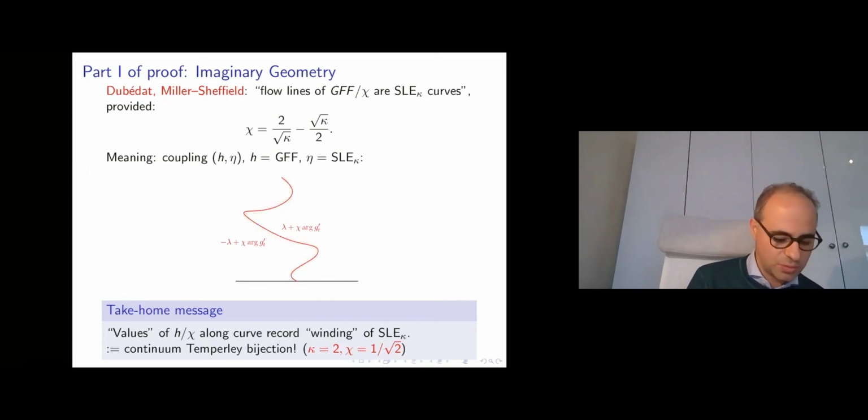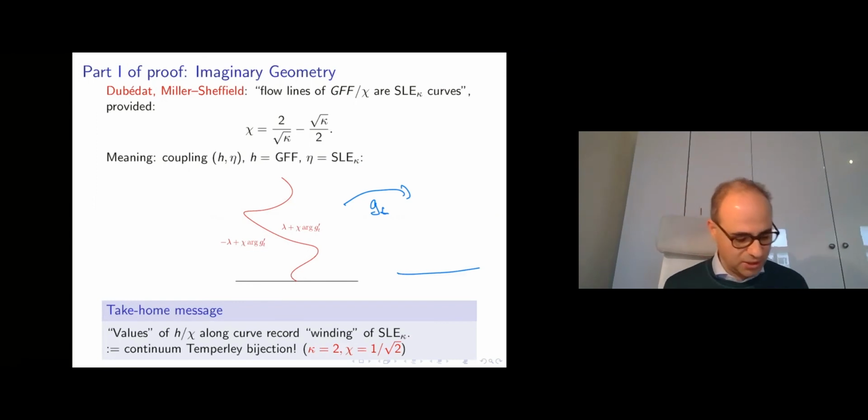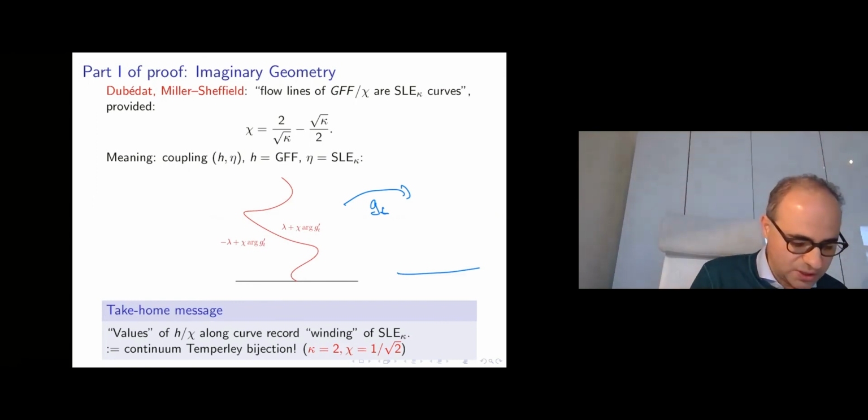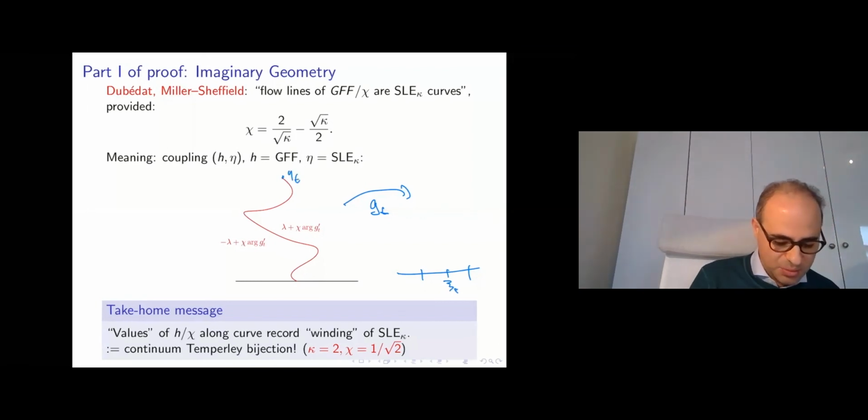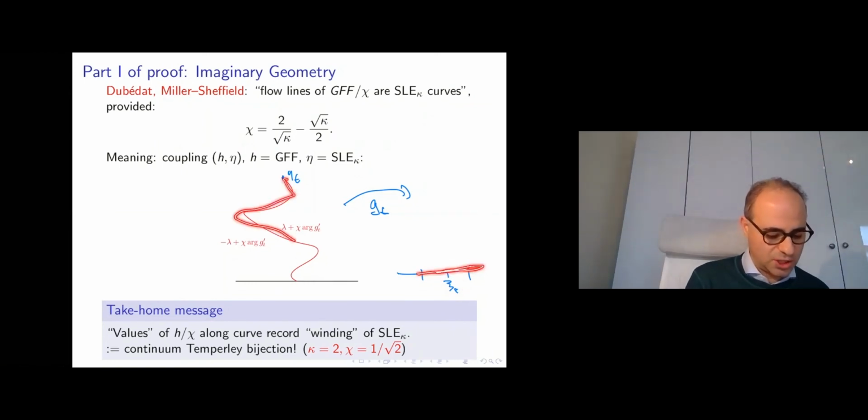So what is G prime? G prime is the map that makes the curve swallowed into the real line, so that it removes the curve. The tip, eta t, is mapped to xi t, and this here is going to be the image of the entire curve.